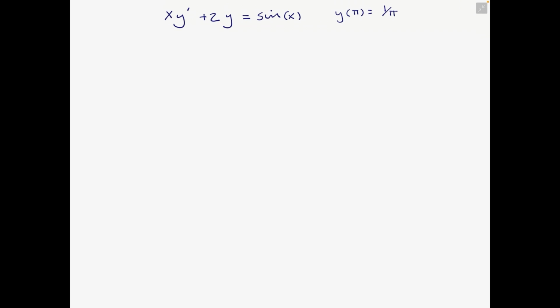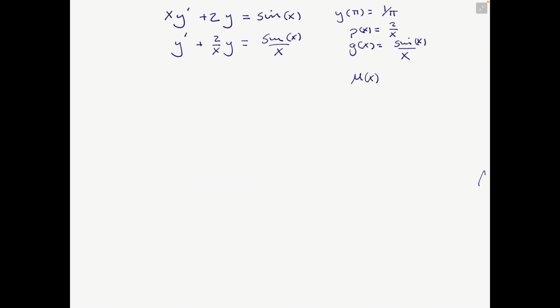All right. So first off, we've got to divide through by x. And we have p of x is 2 on x. g of x is equal to sine of x on x.